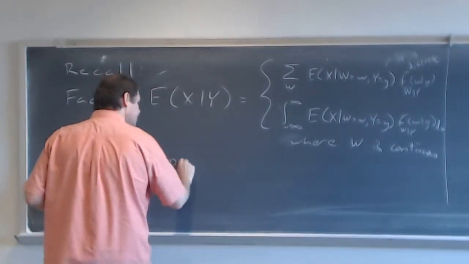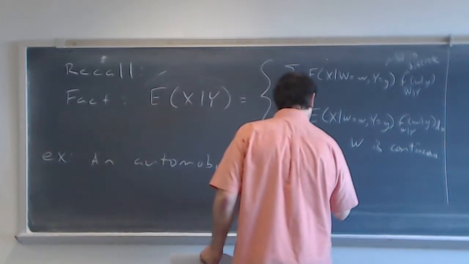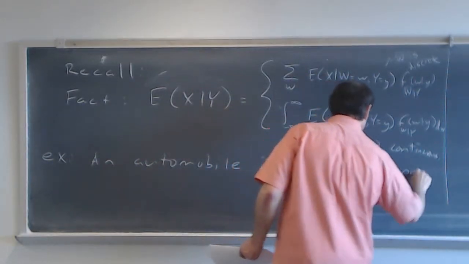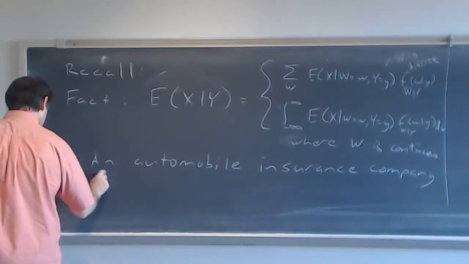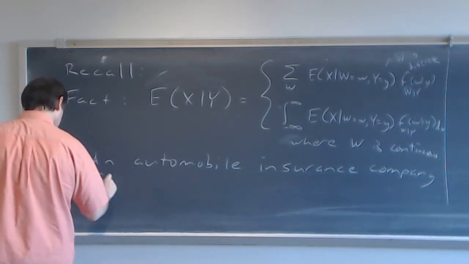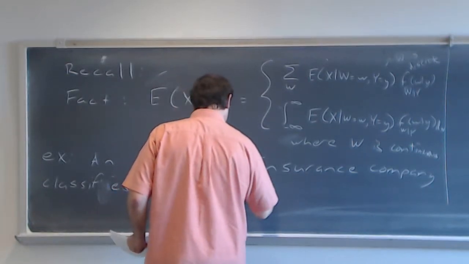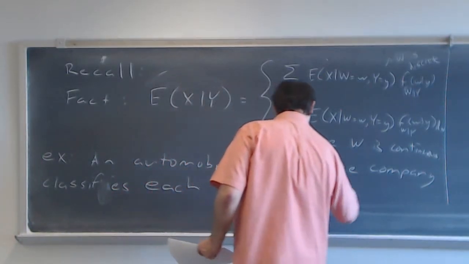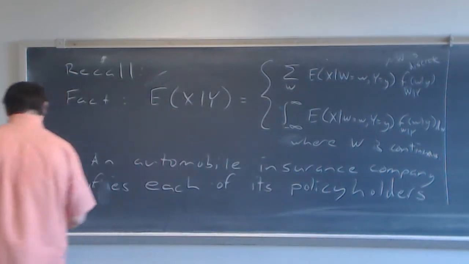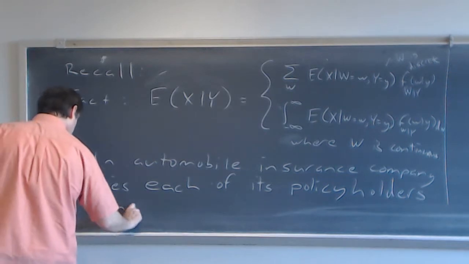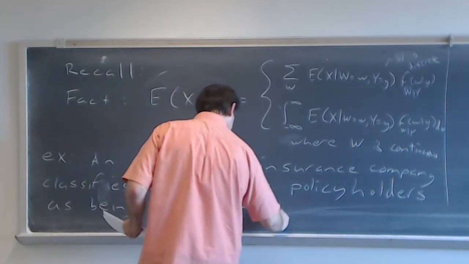An automobile insurance company classifies each of its policyholders as being one of these types.